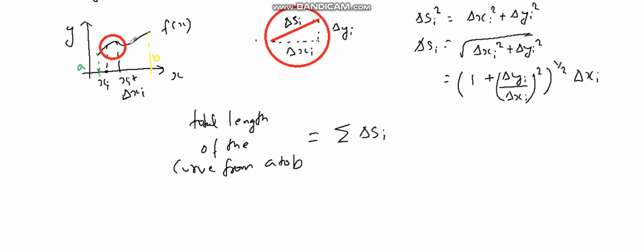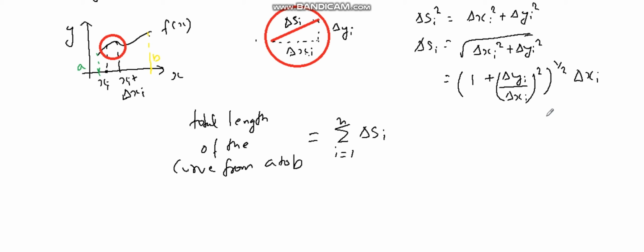So what we have to do is compress this delta x into a very small size. So let's say i is running from 1 to n, and for i equal to n we will end up at this point b, and for i equal to 1 we have this point here.